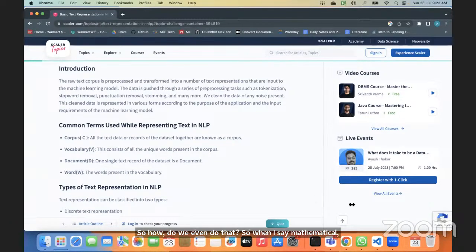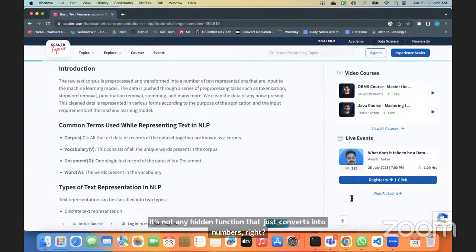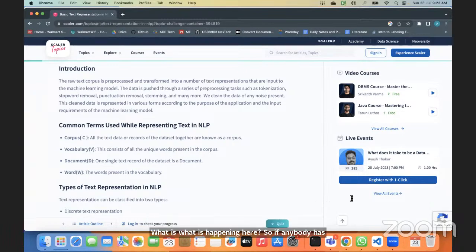So what is happening here? If anybody has already used or learned this, any idea? Okay, fine, not a problem.